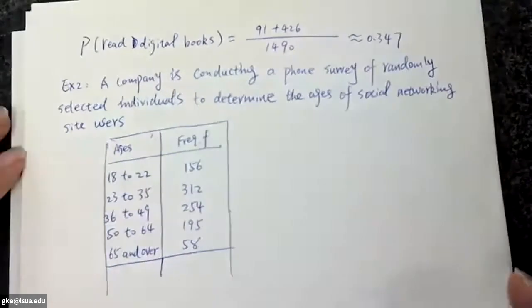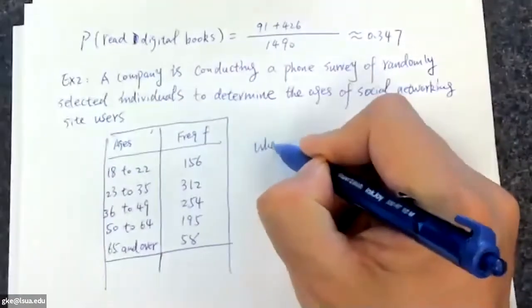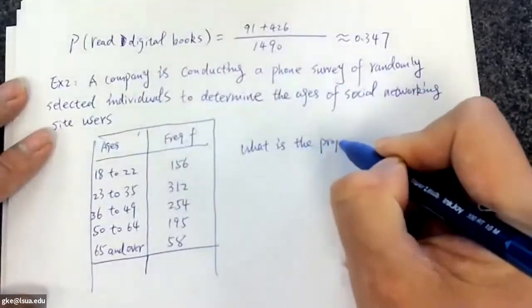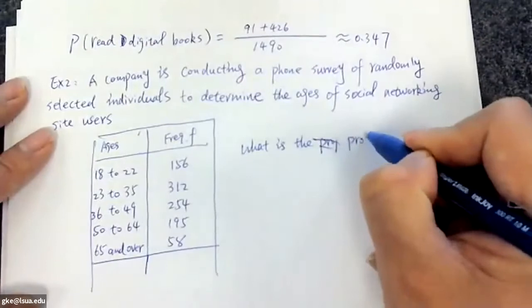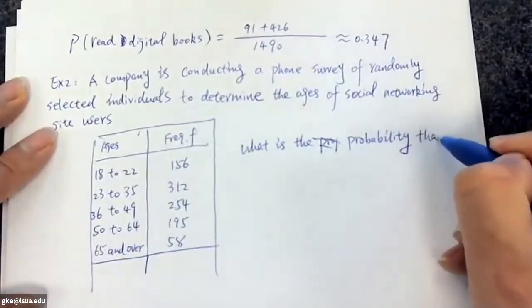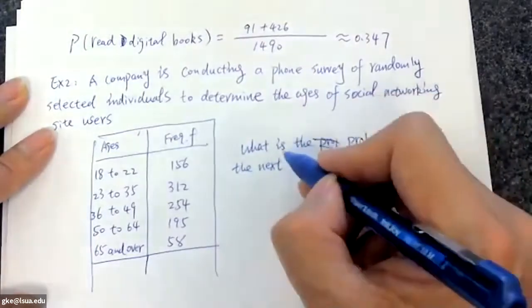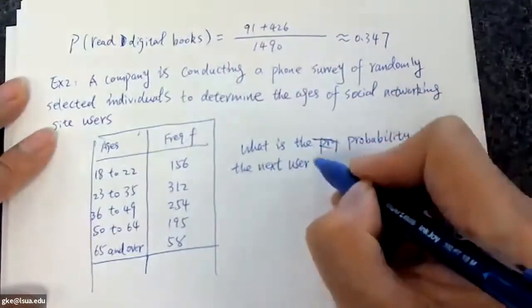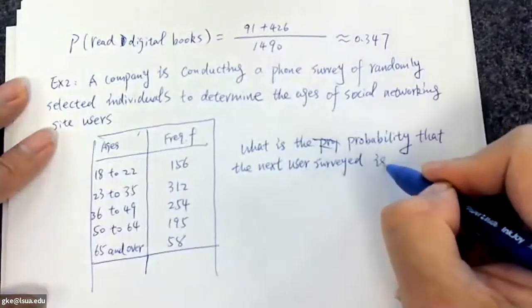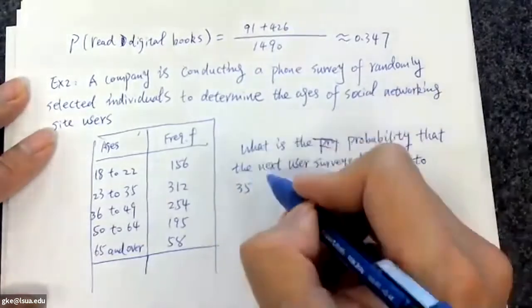Now, I want you guys to calculate the probability that the next user surveyed is 23 to 35 years old.